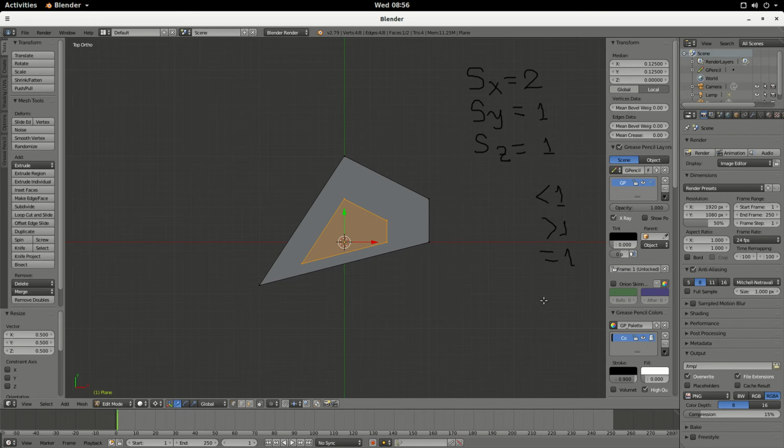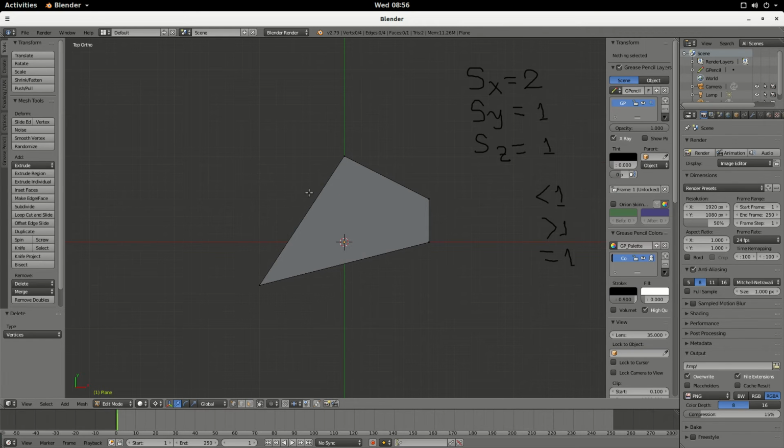Okay. So what if we go into the negative side? I want to delete these vertices. Let's say we got this original polygon, and I want to use a scaling factor, something like Sx equal to -1, and I will leave the other ones unchanged.